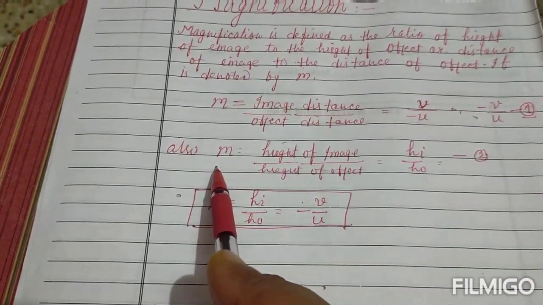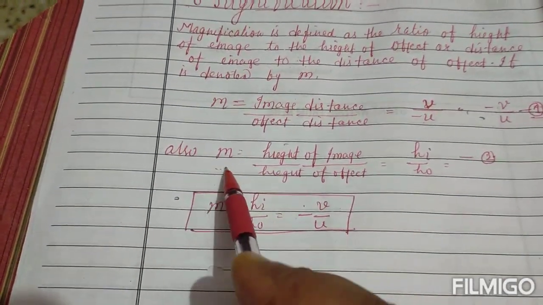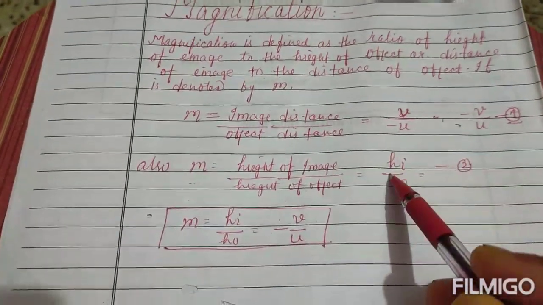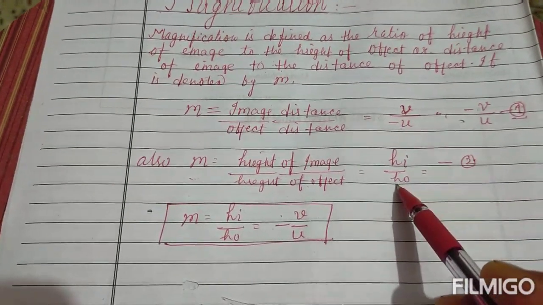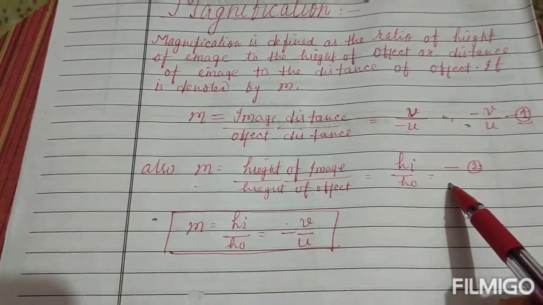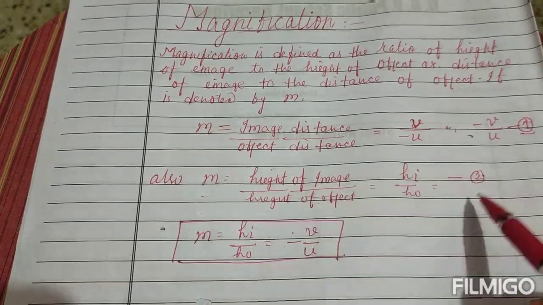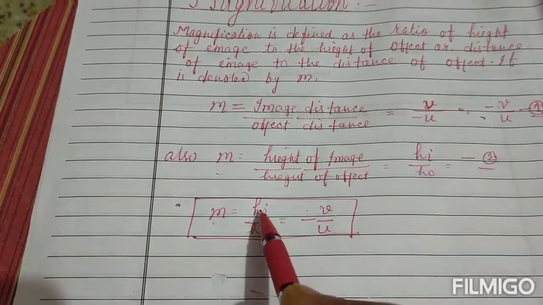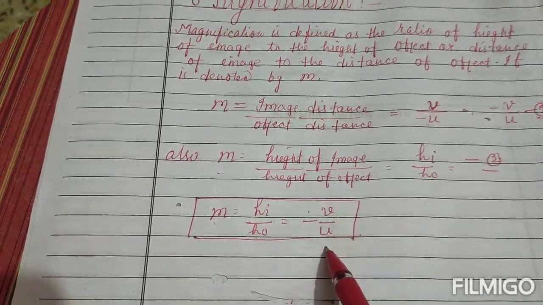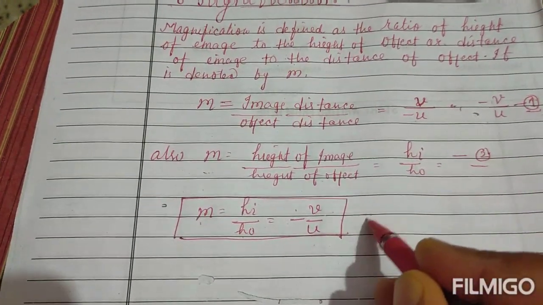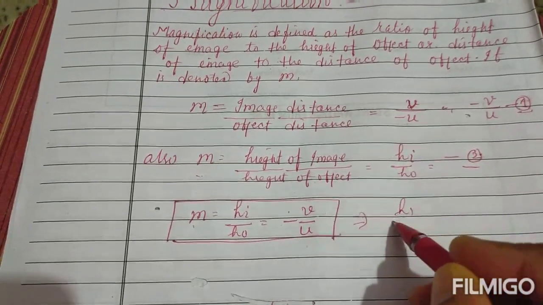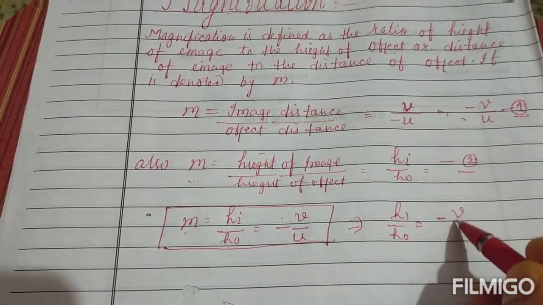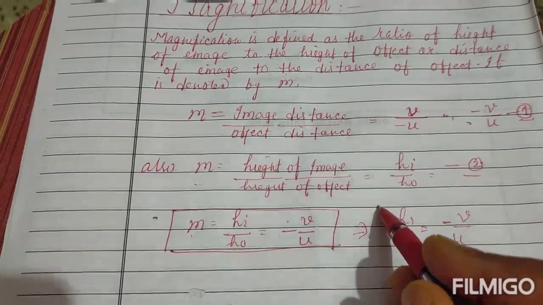Using the second part of the definition, m equals height of image by height of object. Height of image is taken as hi and height of object is taken as ho. So hi by ho will be magnification. Let this be equation 2. So m equals either hi by ho or minus v by u, or it can also be written as hi by ho equals minus v by u.